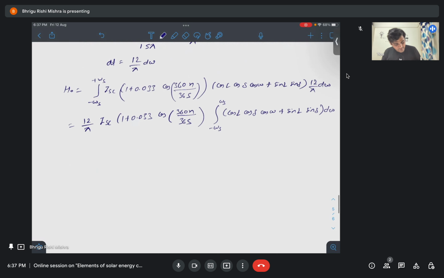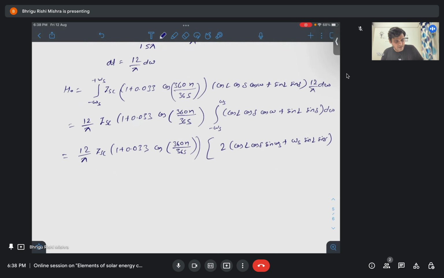If we do the integration, we will find that this term is equal to 2 times (cos L cos delta sin omega s + omega s sin L sin delta).